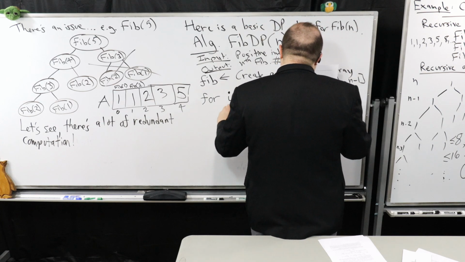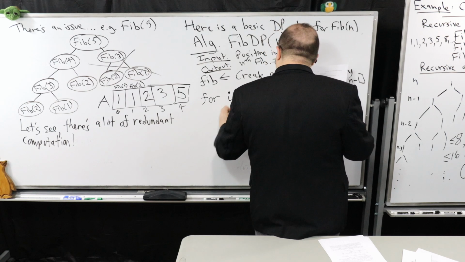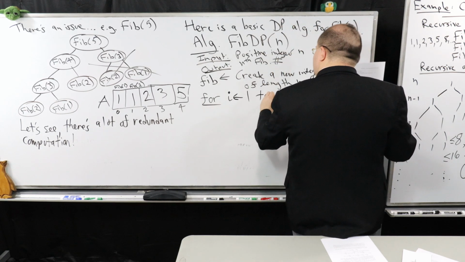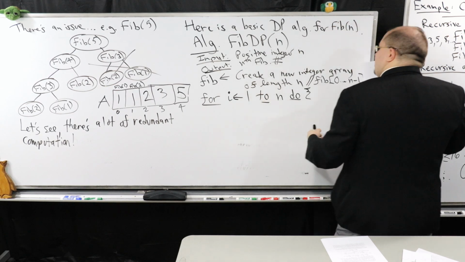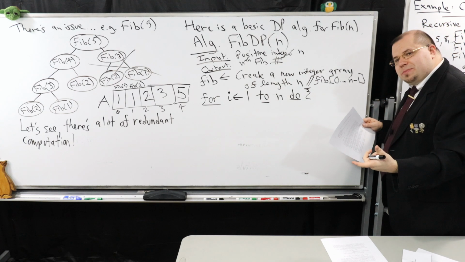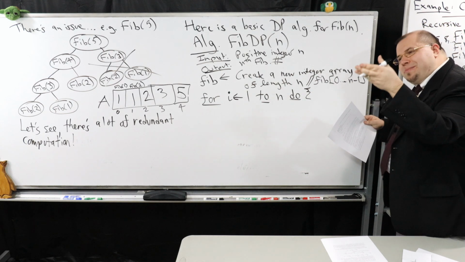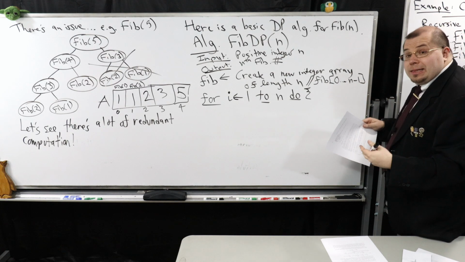So we're going to have a for loop. For i is assigned 1 to n, we're going to do the following. I must stress that you can make this even simpler by just assigning the first two positions to be 1 and then starting immediately after the first two positions. You can also rewrite it like that.